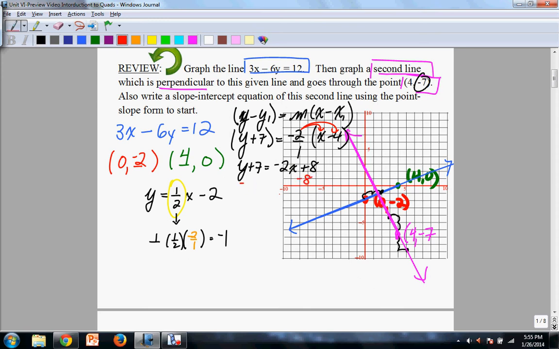Going to subtract 7 from both sides, and end up with y equals -2x plus 1. And that would be the equation of the line here.